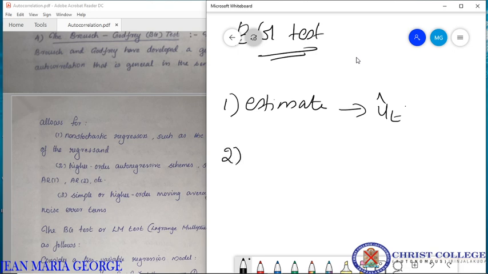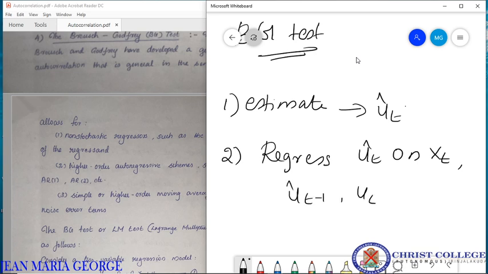Second step, regress this u hat t on the original x variable, u hat t on xt, then u hat t minus 1, u hat t minus 2, etc. up to u hat t minus p. So that is the second step.